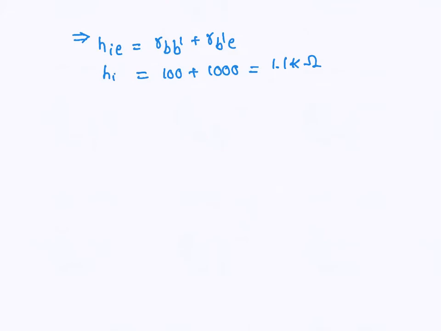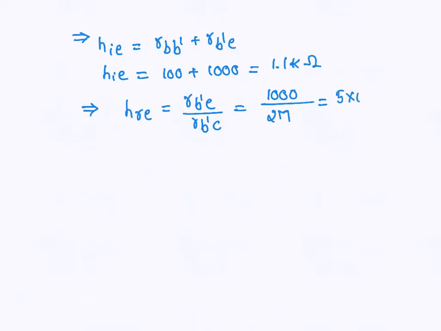This is the value of Hie, and also we know that Hre can be represented as Rb'e by Rb'c, which is equal to 1000 by 2 mega. So the value is 5 into 10 power minus 4.